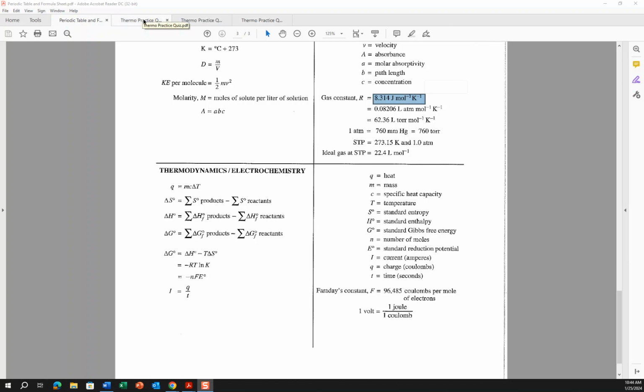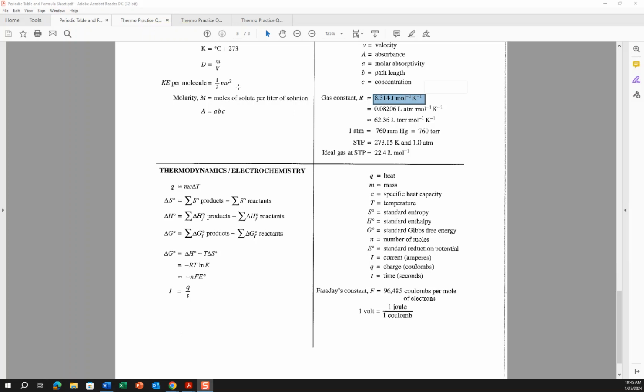But before we look at the quiz, there are a few things that you just really need to know. Just like if you're told X, then you know Y, W, and Z. If you know that A is true, then B, C, and D are also true. There are a lot of questions that you can answer in AP chemistry, especially when it comes to thermodynamics and equilibrium and electrochemistry, where if you just know the algebraic sign for one of these things, delta G or delta S or delta H, or the value of the equilibrium constant, if you know one of those little things, you know a lot about all the other things.